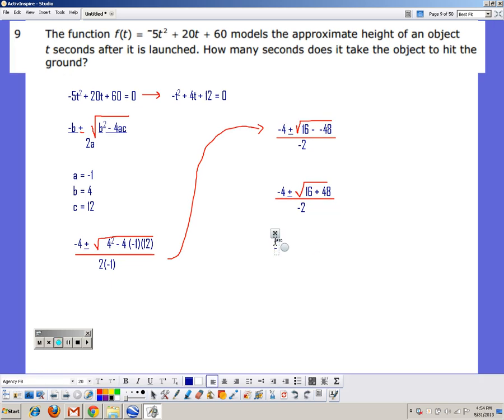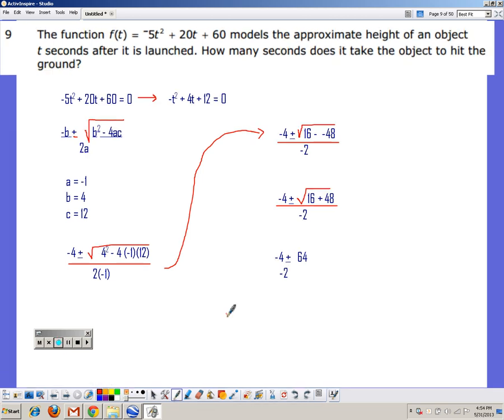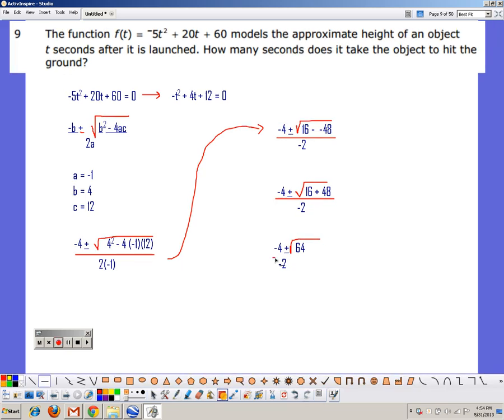So I have negative 4 plus or minus the square root of 16 plus 48 is 64, all over a negative 2. And the square root of 64 is 8.